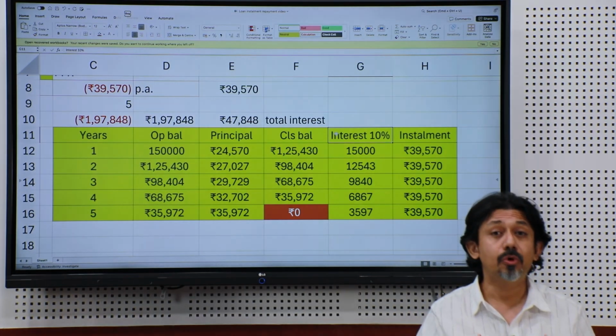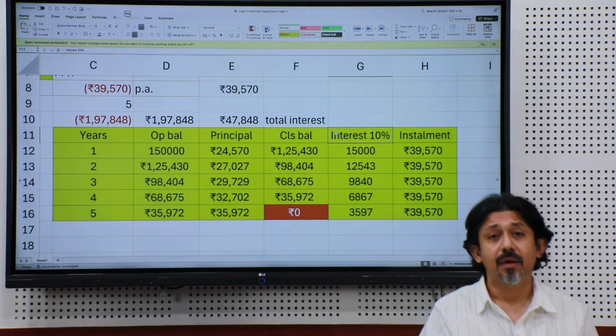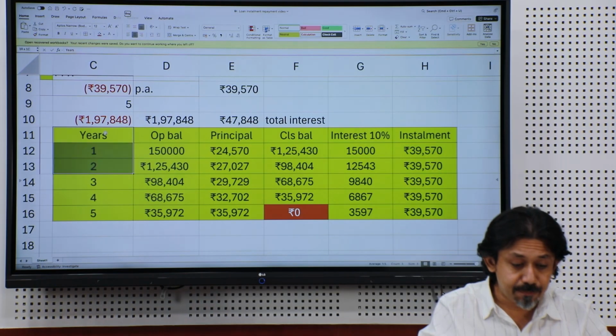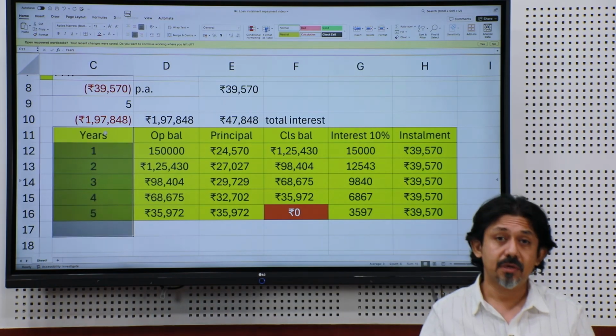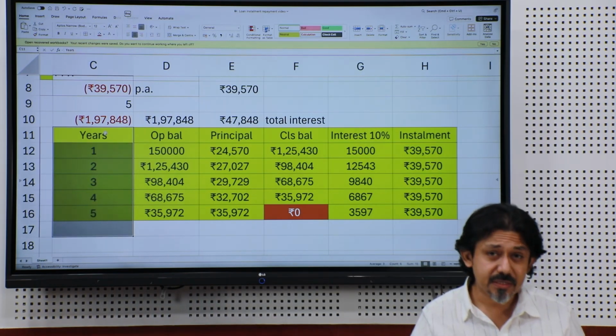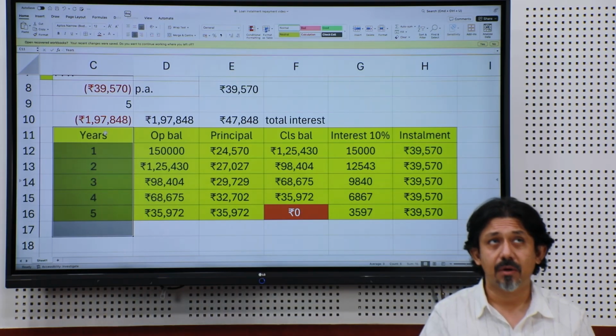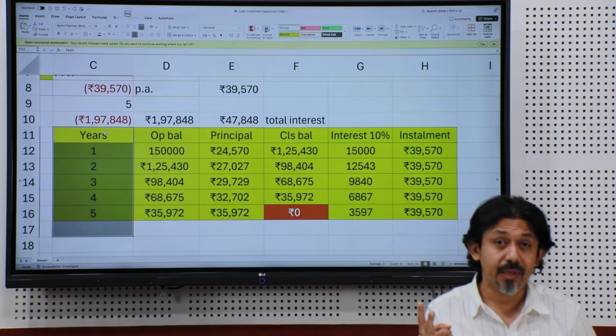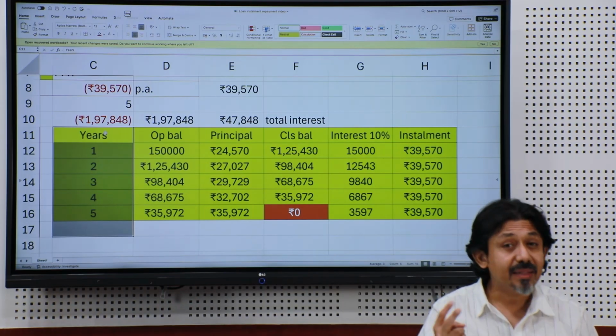Would you be able to, with the help of Excel, create a table which automatically expands from 5 years to let us say 60 quarters, or let us say typically a housing loan is a 20-year housing loan in India and you have monthly installments.